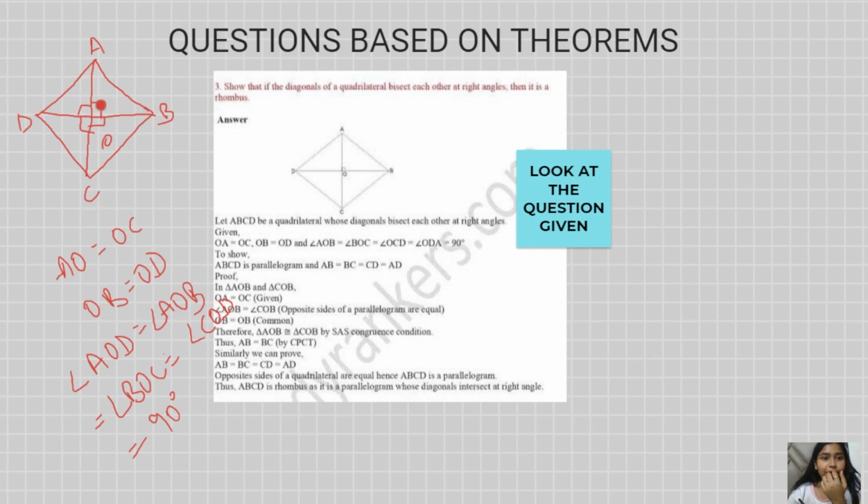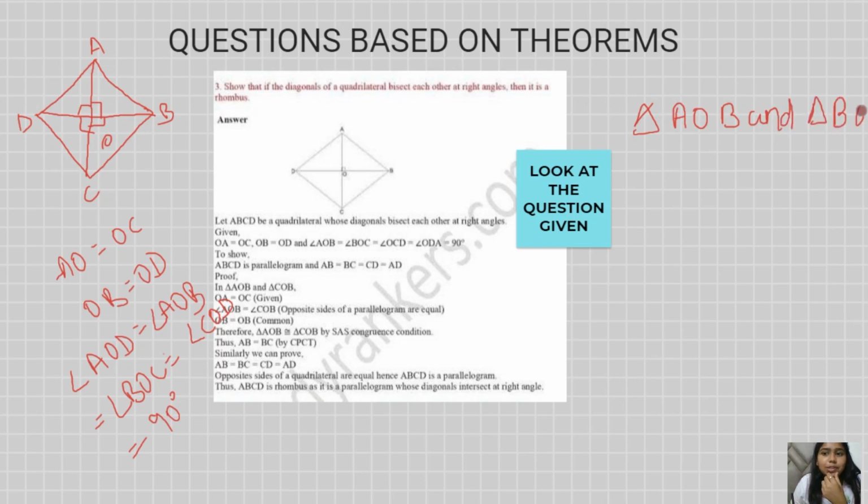So by the SAS congruency rule we can say that triangle AOB is congruent to triangle COB. By CPCT, AB is equal to BC. Similarly we can take the other two triangles, BOC and COD. I am showing how I have proved that these triangles are congruent to each other.